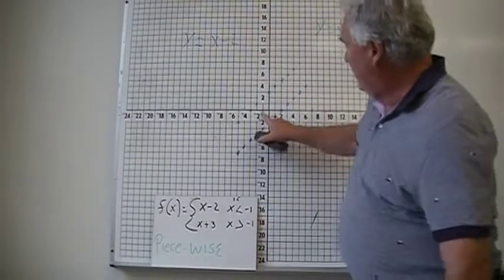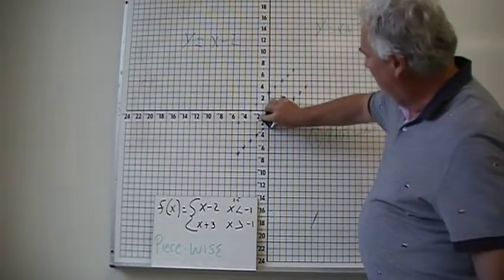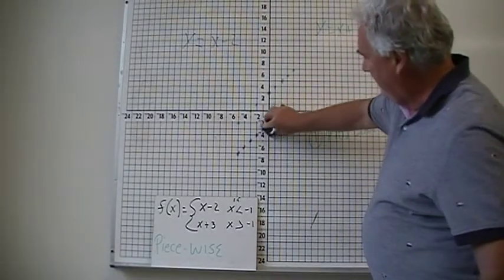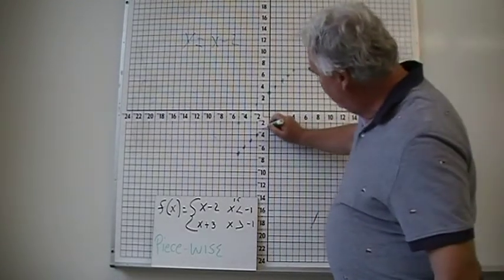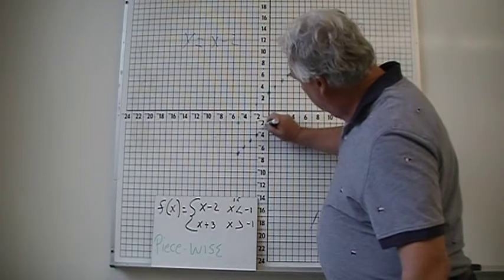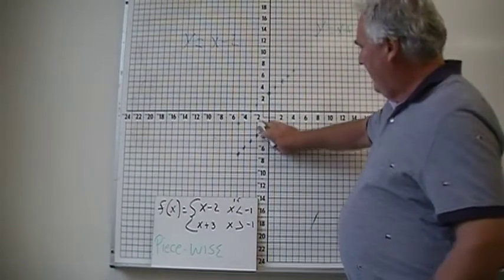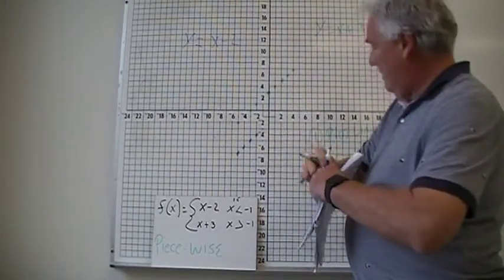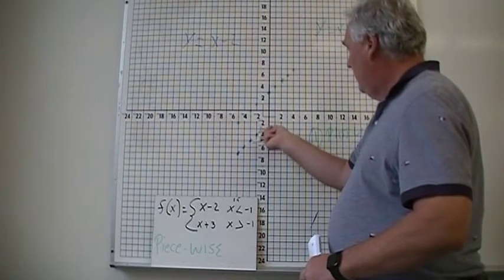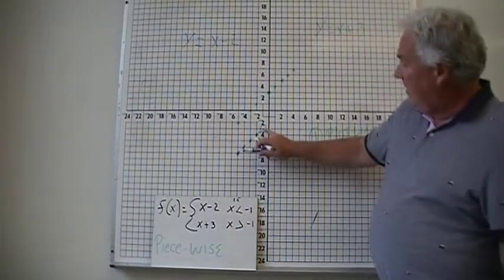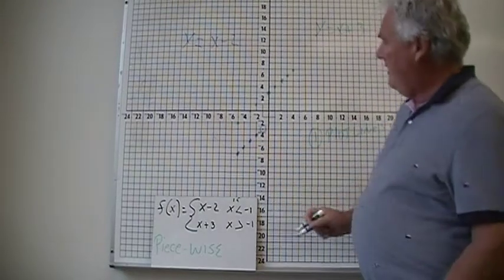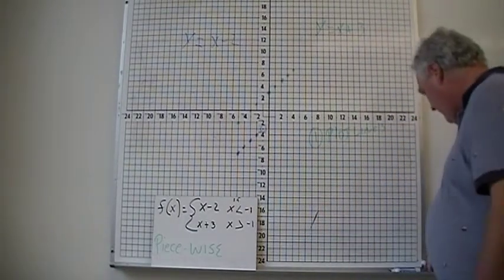So for anything greater, we're going to erase it. And I've erased it at -1 because we're going to want to make it a circle. It's open-ended, because it's less than, not less than or equal to, less than. And then here's our line right here.